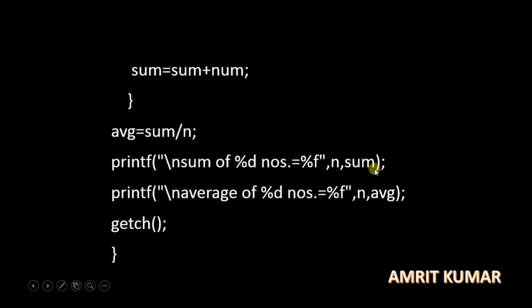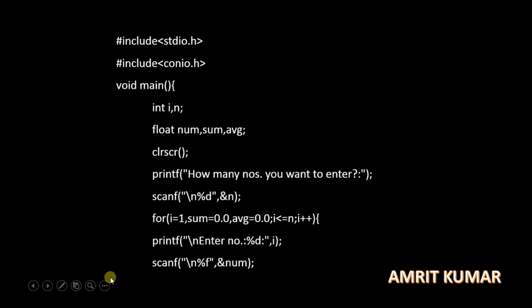So sum is containing a float number, therefore it is going to print the float value. And in a similar way, I am using the concept for the average, that the average of some particular numbers is going to be this. Okay, and finally I am using the getch function, and this is the termination. So let's look at the output.